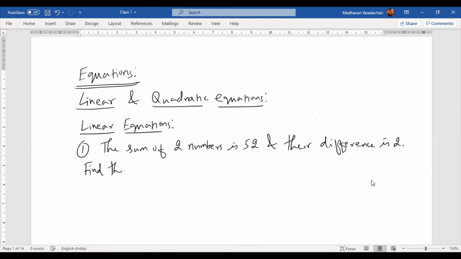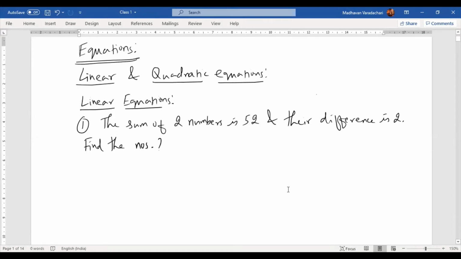Find the numbers. So a simple question: they say there are two numbers, and if I add those two numbers, it is 52, and the difference of those two numbers is 2.